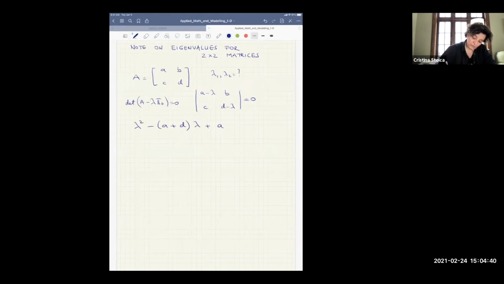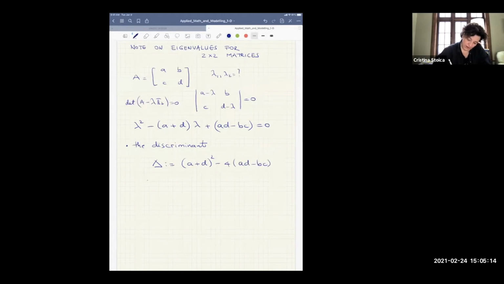After we do the computation, that's what we're going to get. And the quantity of interest is the discriminant, delta, which is (A plus D) squared minus 4 times (AD minus BC).